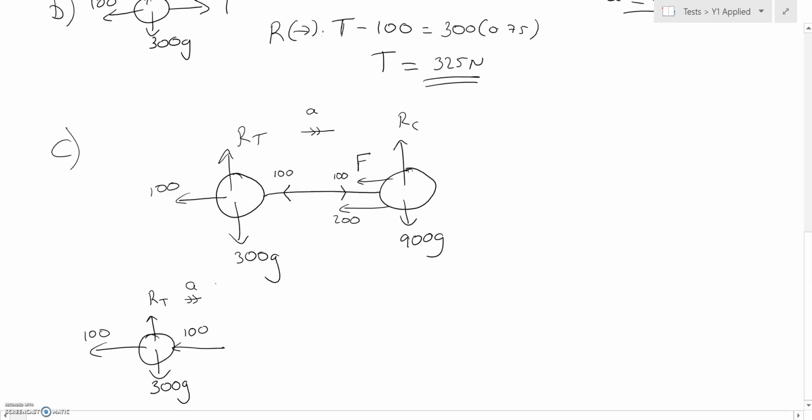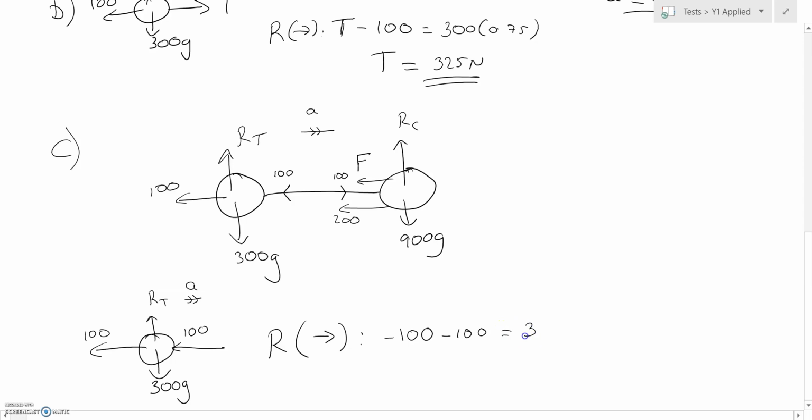So as you can see from this diagram, if we resolve to the right, then we're going to have only A as unknown. We've got 100 newtons going to the left caused by the tow bar, that's the thrust. So because it's going to the left, I'm going to put that as minus 100. And then you've got the resistance 100, which is also going to the left, so that's another takeaway 100 there.